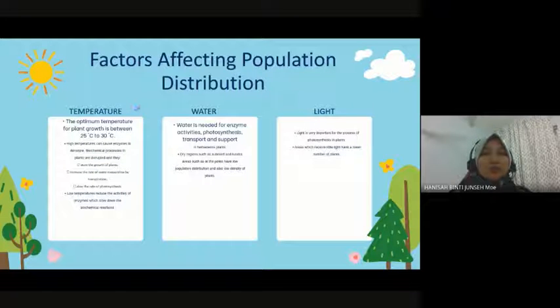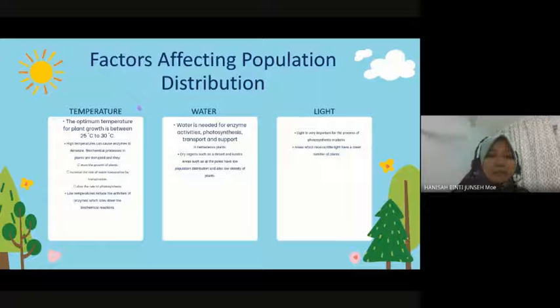So that is the optimum temperature for enzymes in plants. Okay, when there's a high temperature, it will affect the plants because high temperature can cause the enzyme to be denatured. Okay, and when that happens, the biochemical processes in plants will be disrupted, right?